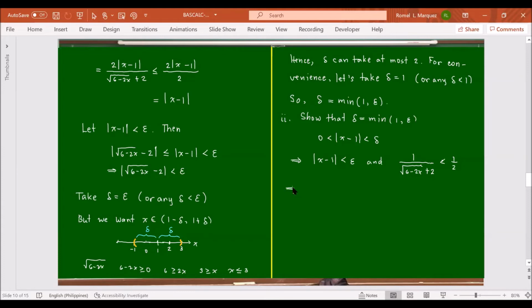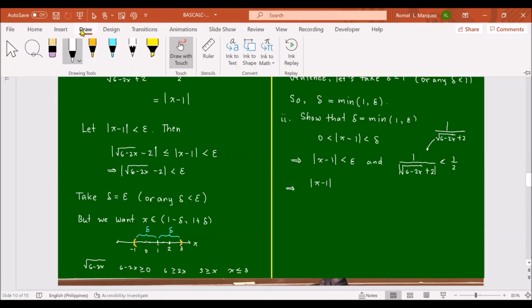Okay? Or the absolute value of this. So if I multiply this by abs of x minus 1, actually I can have it in abs, no? Because after all, they are just the same. What we need is the absolute value, but we do not have to worry about that. The square root of 6 minus 2x plus 2 is just the same with this.